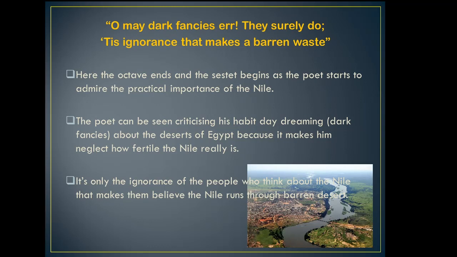Here the poet criticizes his habit of letting his imagination run amok and imagine desert landscapes because that makes him neglect the actual fruitfulness and beauty of the Nile. It is the ignorance of the people that leads them to believe that the Nile runs through a desert landscape when it is actually quite green and beautiful.